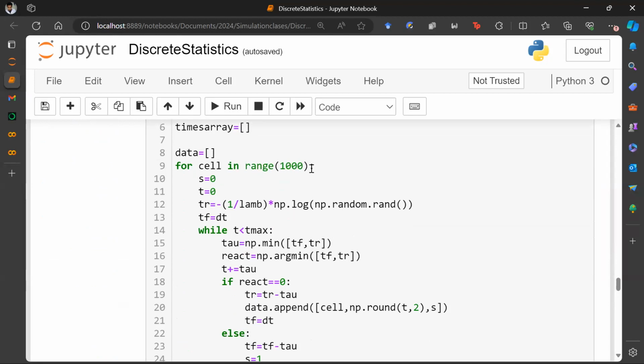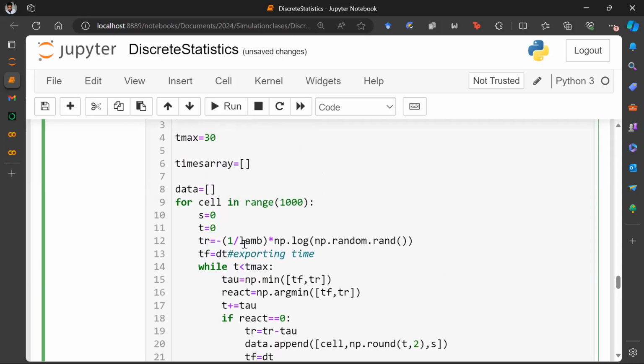Okay, so this is the idea. For every cell, I start from a state equal to 0. My time is going to be 0, and the reaction time is going to be given by Gillespie. And the exporting time is going to be delta t, because I'm going to export data every delta t.